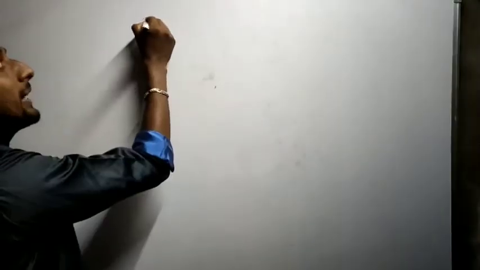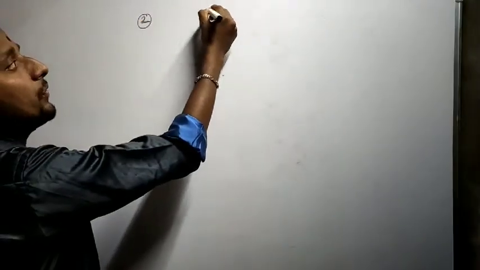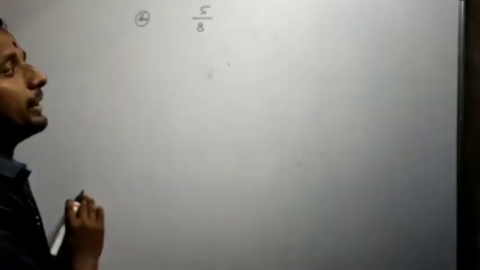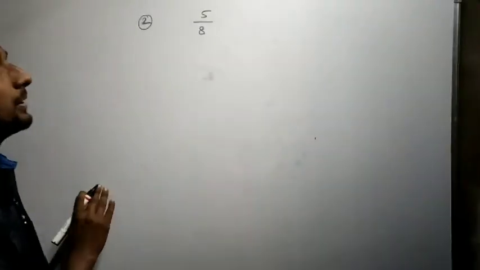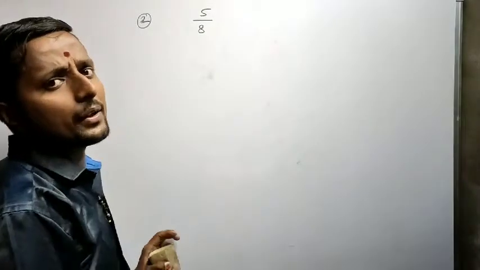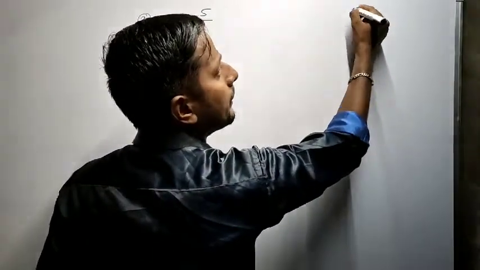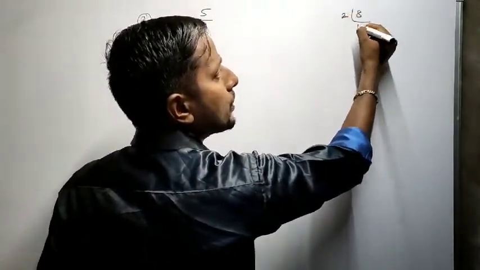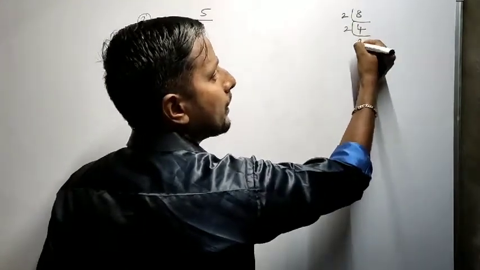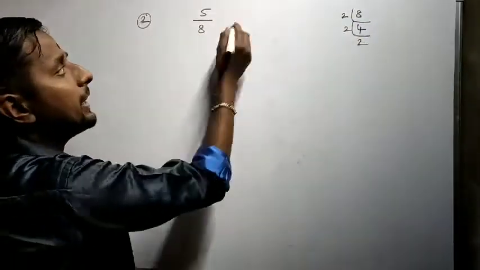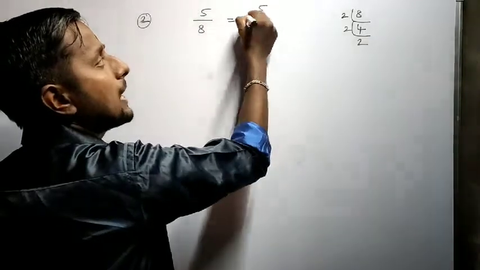Okay. What is the second example? The second example is 5 by 8. Now just concentrate on the denominator only. The denominator is 8. If you go with 2 4s are 8 and again 4, 2 2s are 4, so 8 we can express as 2 power 3, and 5 as it is.